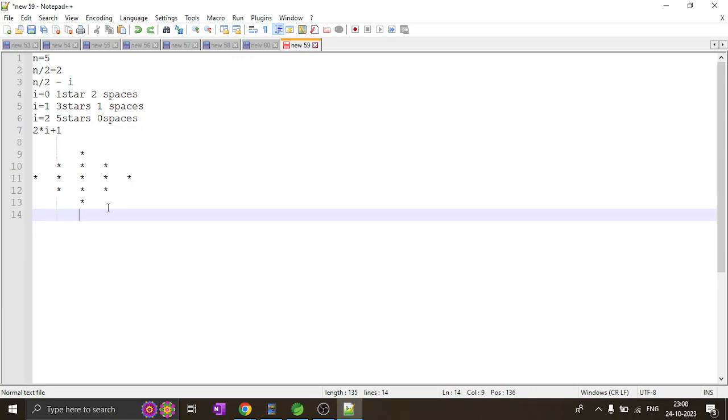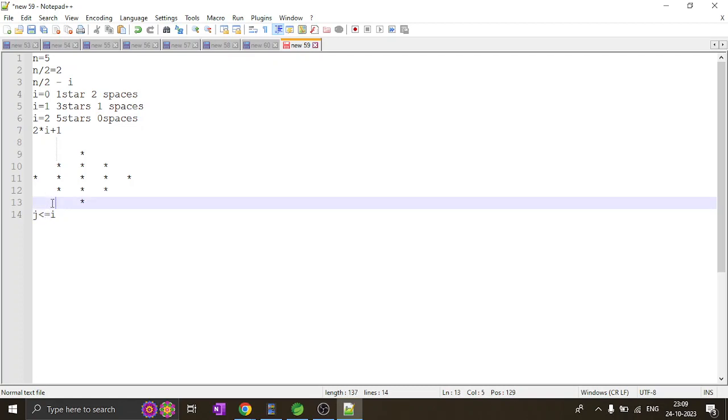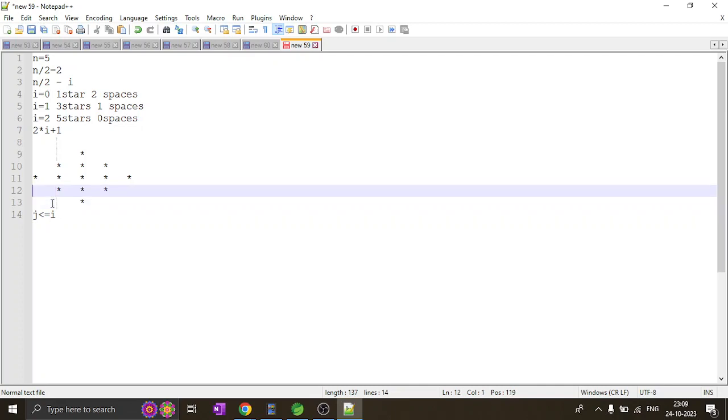So how will we print the spaces? We'll have the condition like j is less than I, right? So for I is equals to 0, we'll have j is less than equal to I. For I is equals to 0, we'll print one space.